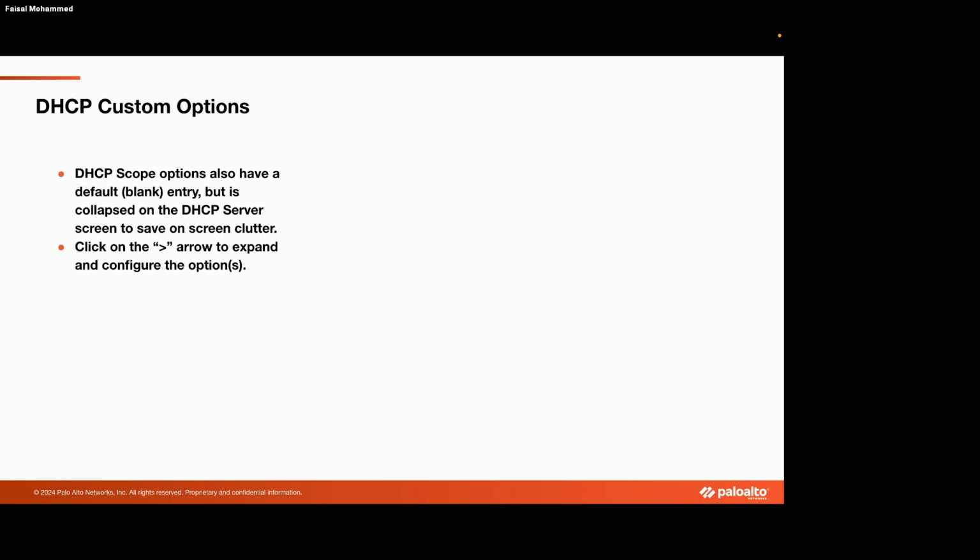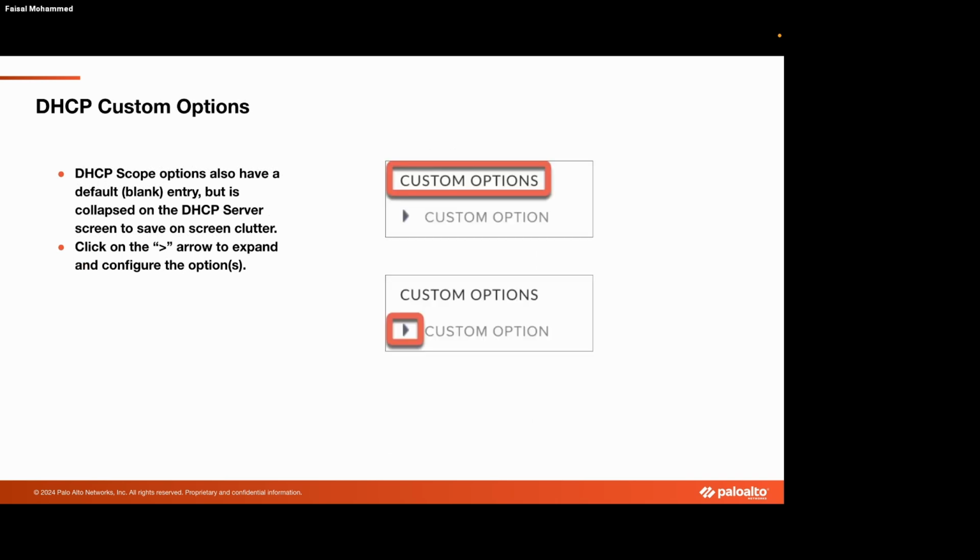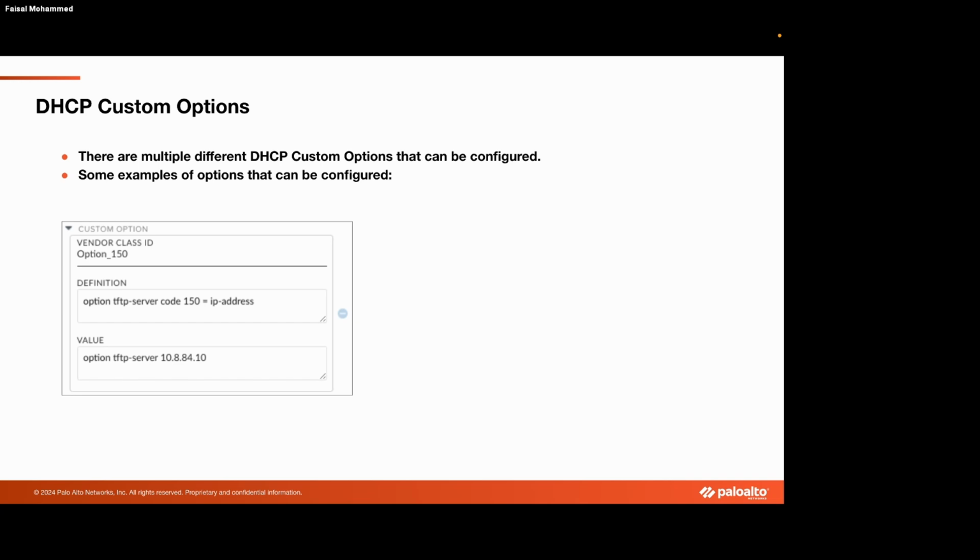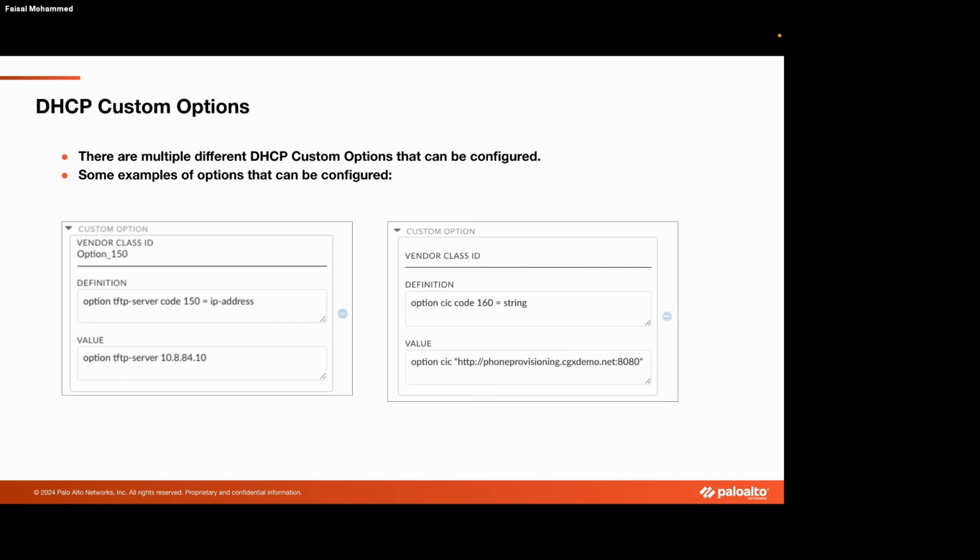The DHCP scope options also have custom options. This is very common for IP telephony, where you would like to define your own custom options such as a TFTP server, or your WLC server IP. You can use the vendor class ID option, the definition, and the value.